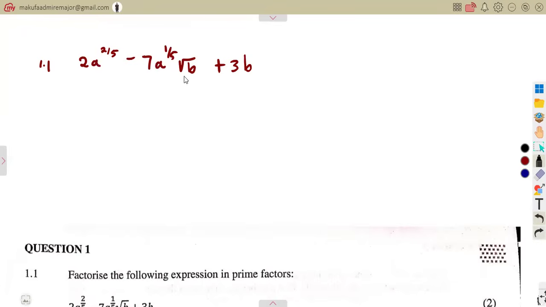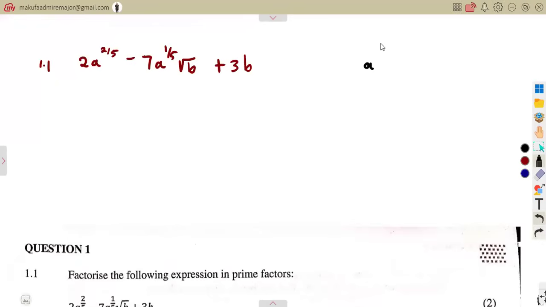How are they disguising that? If we consider properly, we're going to see that a to the exponent of 2 over 5 and a to the exponent of 1 over 5 have something in common.